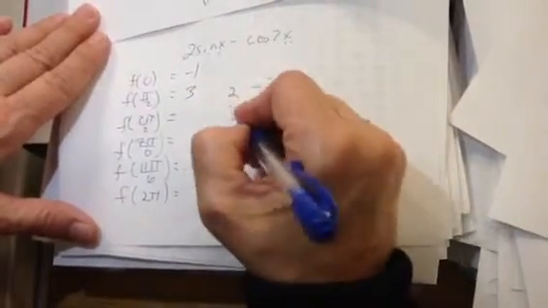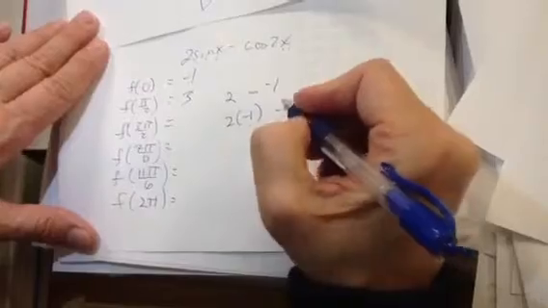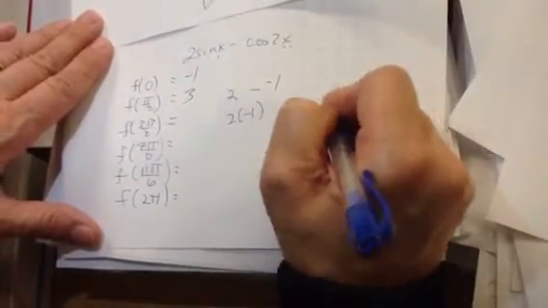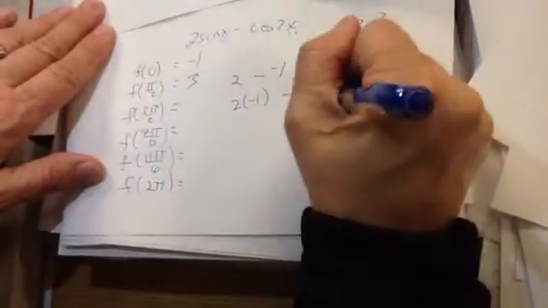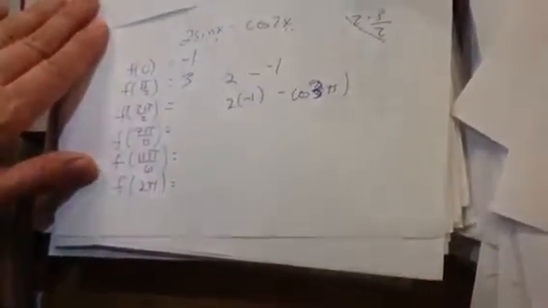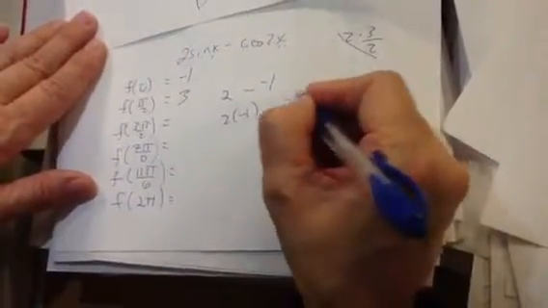So now let's put in 3 pi over 2. That's 2 times -1 minus cosine of 3 pi, since 2 times 3 pi over 2 is 3 pi. So where's 3 pi? It's the same as pi. Here is minus a -1, so I have -2 plus 1.